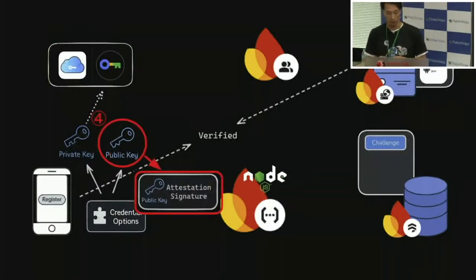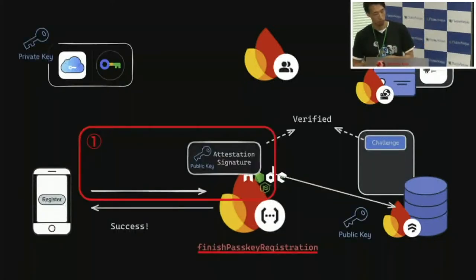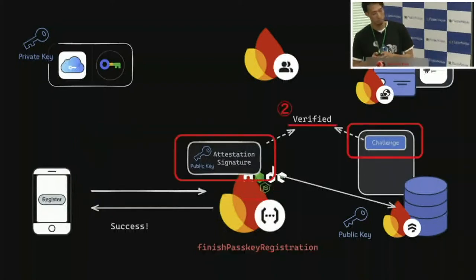At the same time as creating key pairs, the register method will return an attestation signature, which includes the public key issued. This will be sent back to the backend server through the finish passkey registration API. In the attestation signature, the challenge that we issued before is embedded.